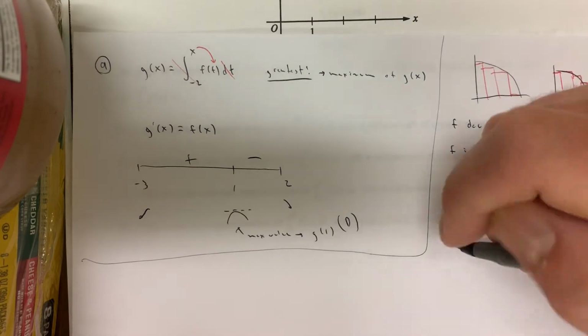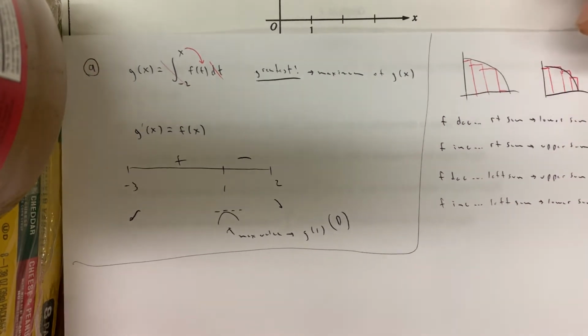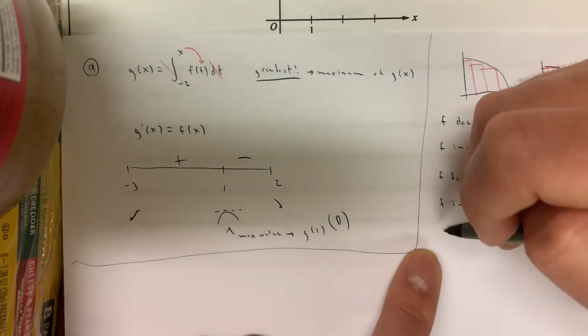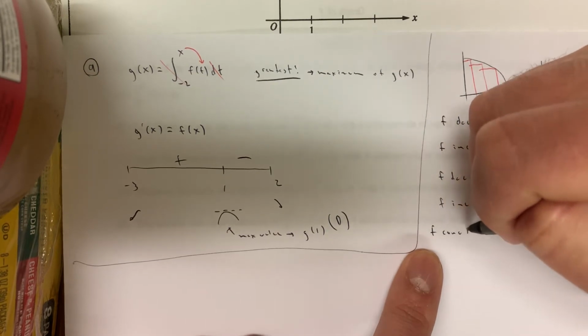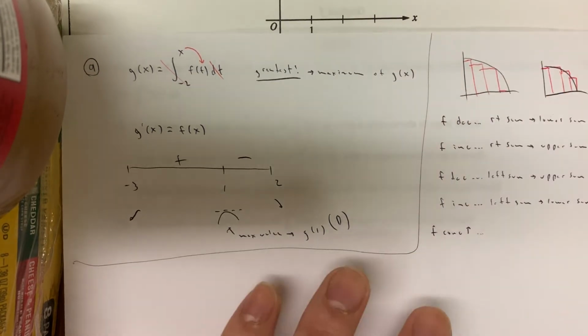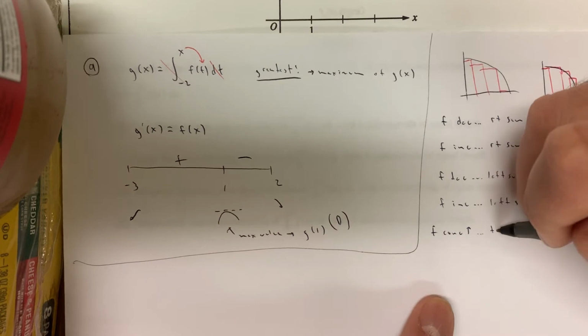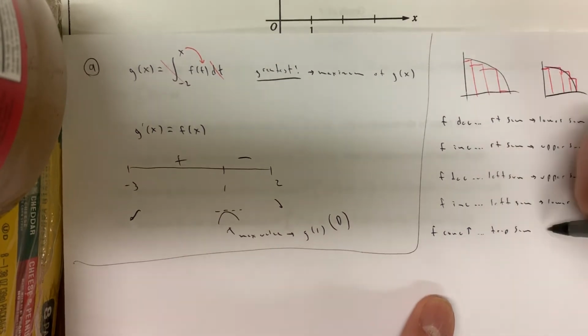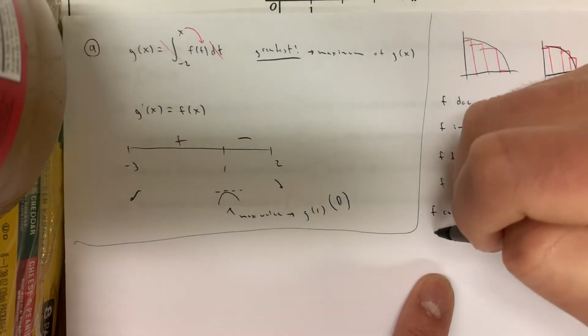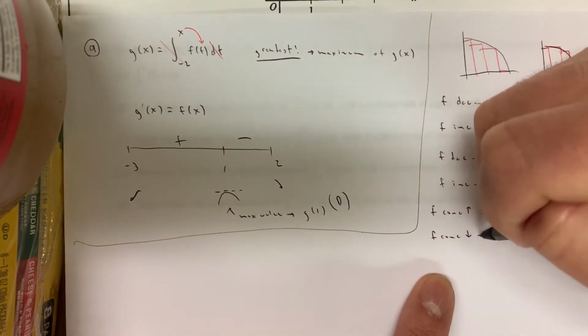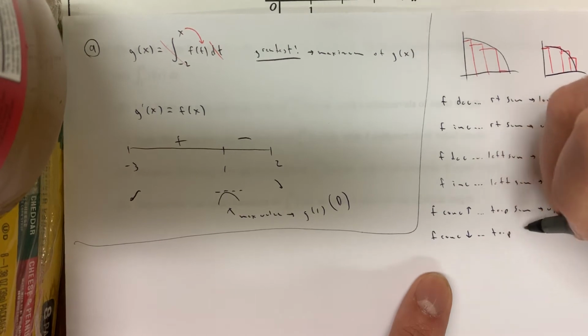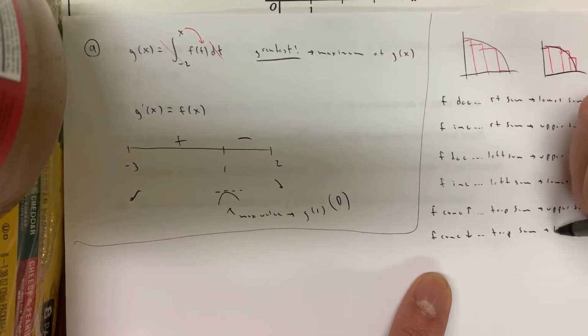Trapezoidal sum, you don't care about increasing and decreasing, you care about concave up and concave down. So if f is concave up, the trapezoidal sum will actually be an upper sum. And if f is concave down, which this function is right here, then the trapezoidal sum will actually be a lower sum.